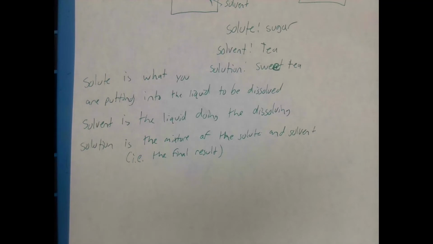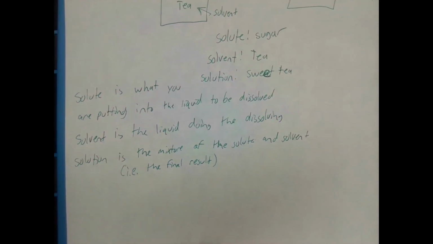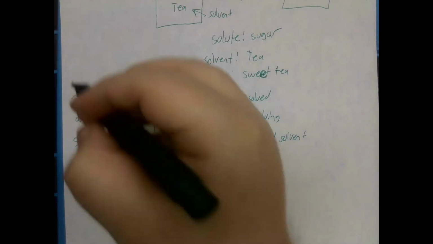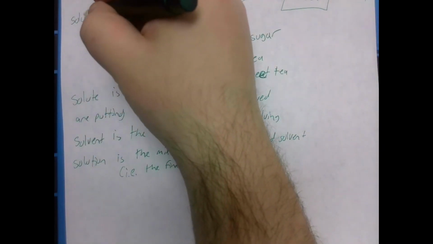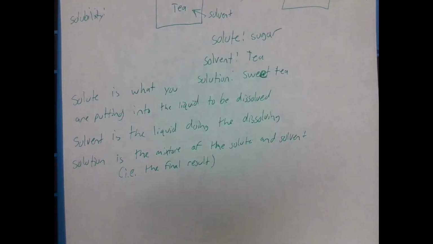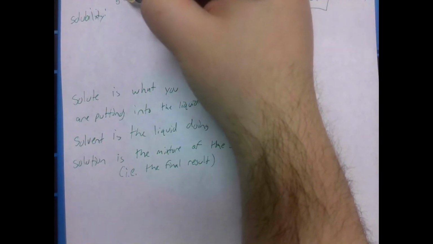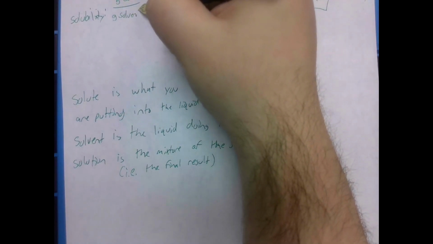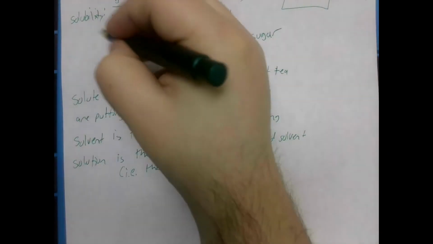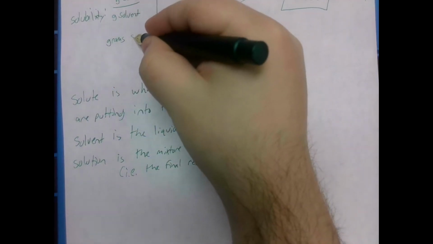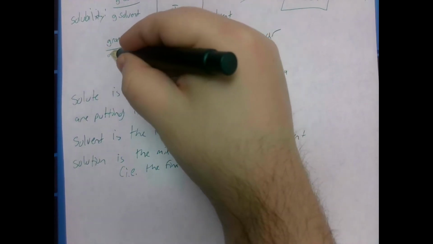So what are the units for solubility? It is grams solute per grams solvent. So in this case, you would put it as grams sugar per grams tea.